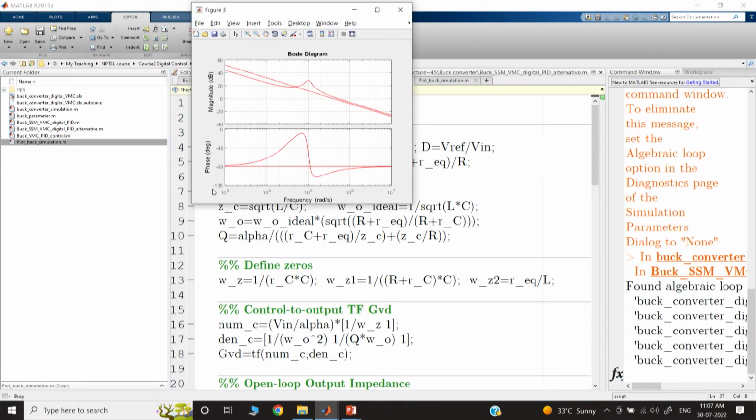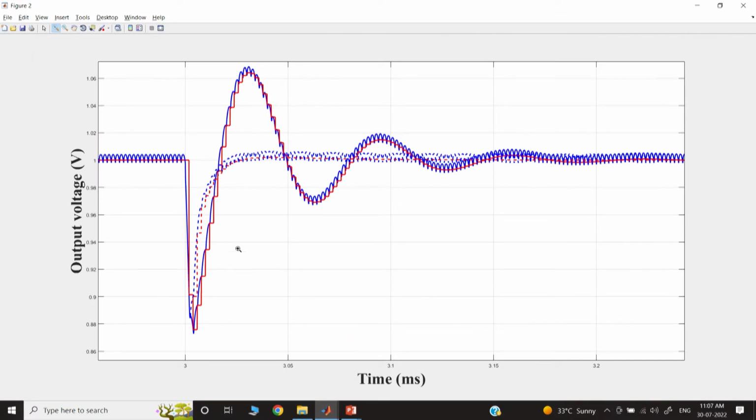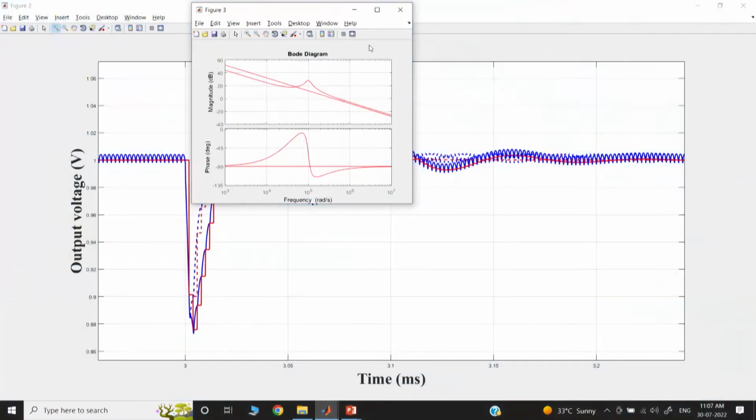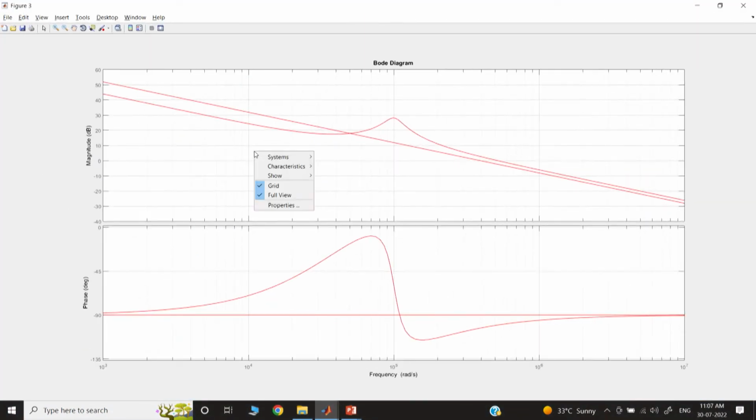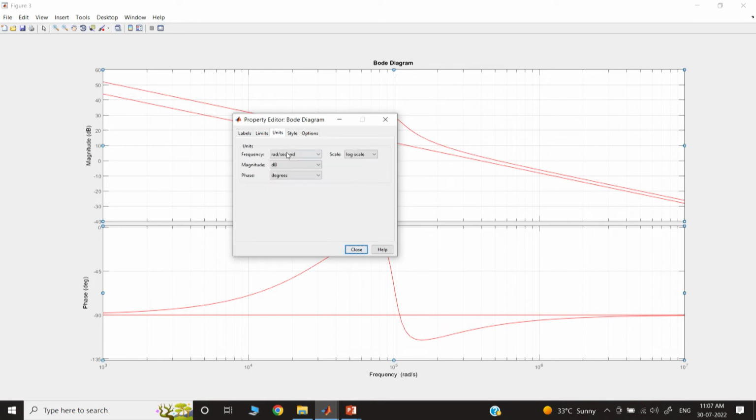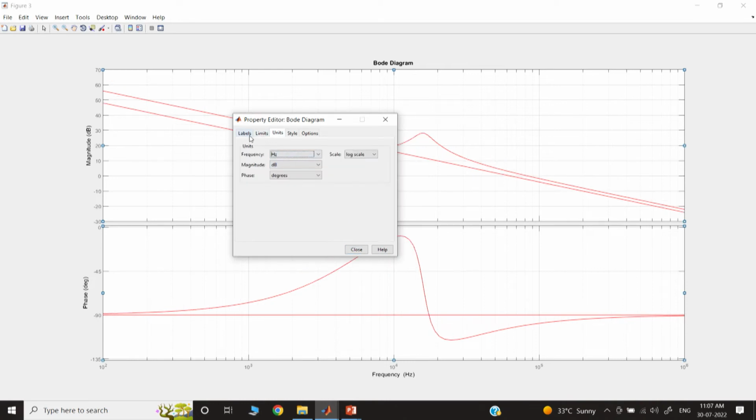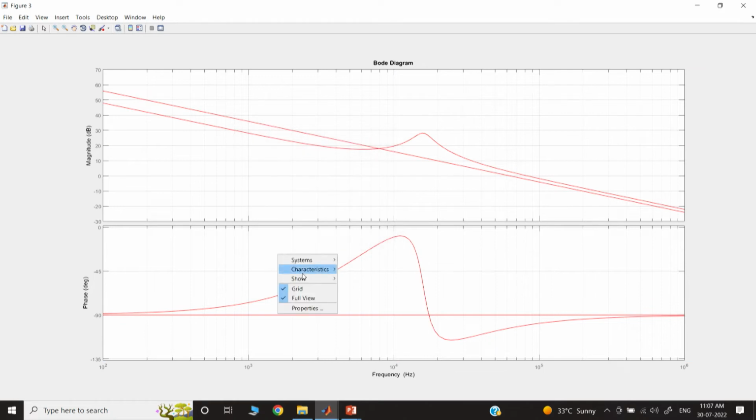So, we are running it and we want to check the response. Before we run, let us go to the MATLAB Bode plot. Here we want to convert into unit hertz, then check the stability margin.